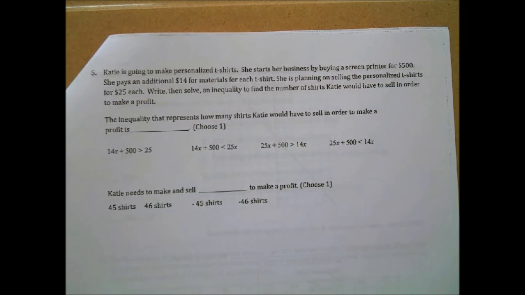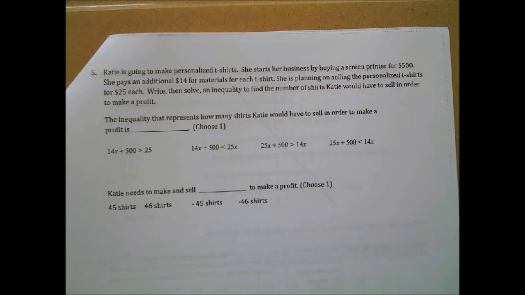Okay? So she had to spend money to buy the printer and for the supplies for the shirts. Then she's going to make money every time she sells a shirt, she makes $25. So she's got costs and she's got income too from selling those shirts, sales, right? Okay? To make a profit, you want the amount of money that you make to relate how to the amount of money that you put out.